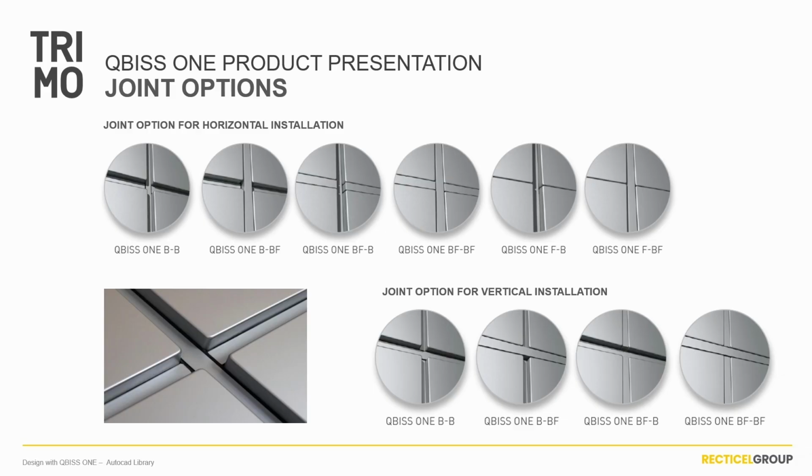You can choose from different joint options aligned with the architectural requirements. Main applications are a recessed, or some call it a shadow joint, and also a flat joint interfaced with the cover, or the combination of both.